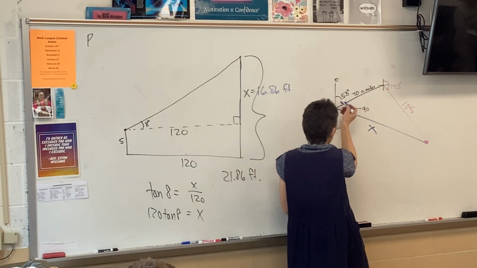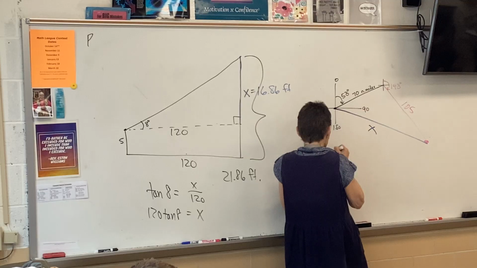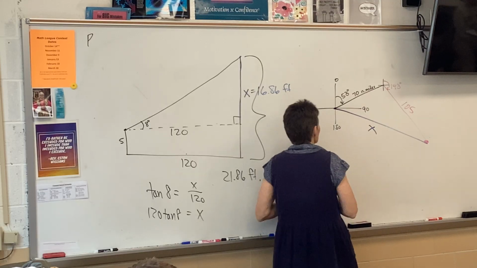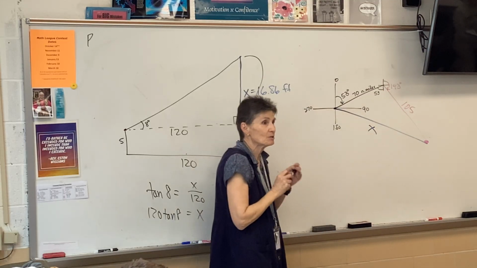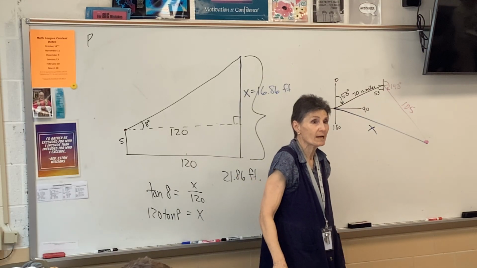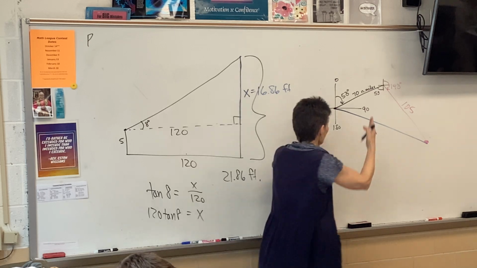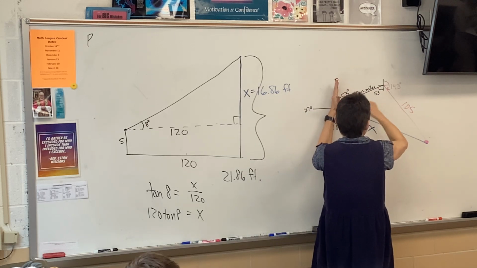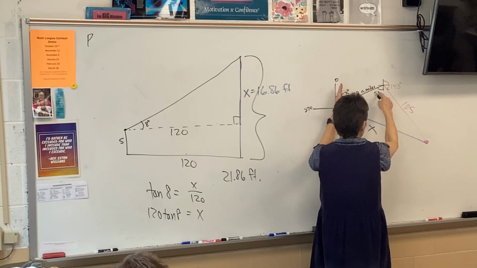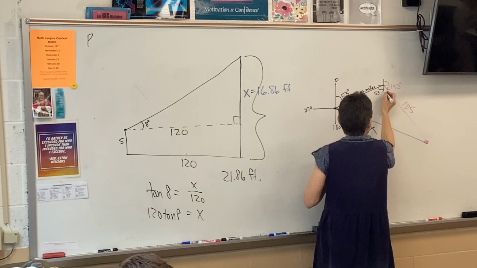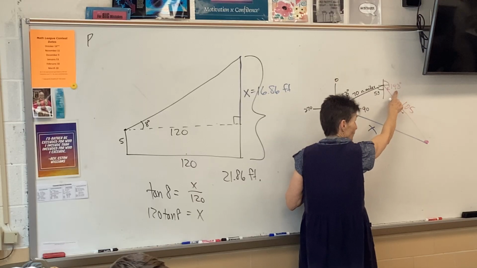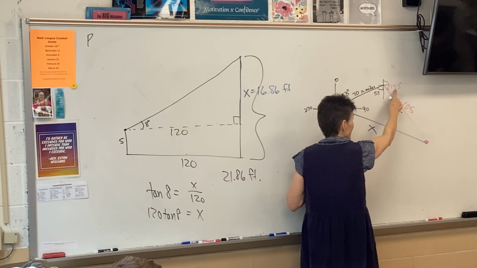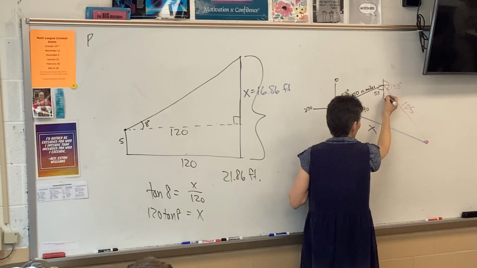If this angle right here is 53, would you agree that this one is also 53? I am asking you to dig back in your memory: alternate interior angles. These are parallel lines. That's a transversal. That's 53, that's 53. Now, this is 180. If that's 143, then what would this part right here be?